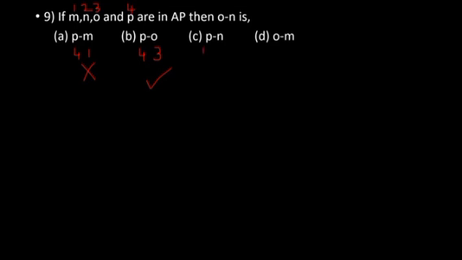Next we check P minus N. P is A4 and N is A2. It's not possible. Next, O minus M. O is A3 and M is A1. It's also not possible. So which is left over? Option B, P minus O. It's in the correct form, like A4 minus A3, like what they gave in the question, O minus N, A3 minus A2.